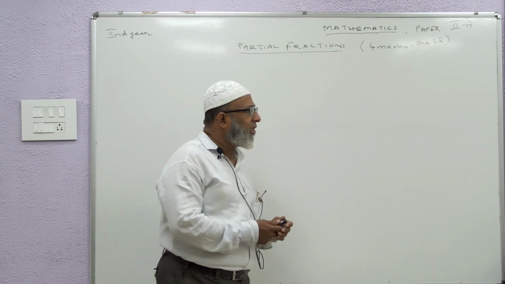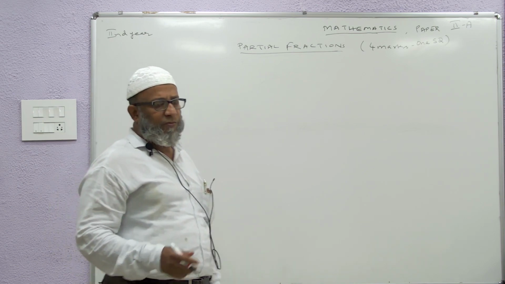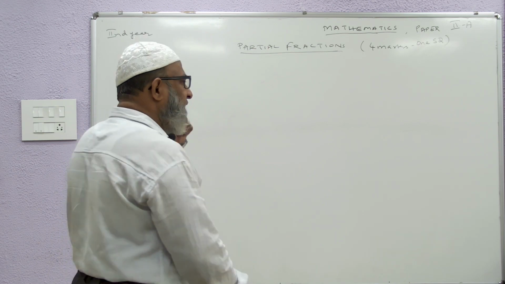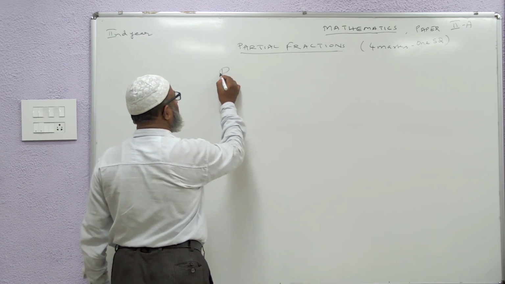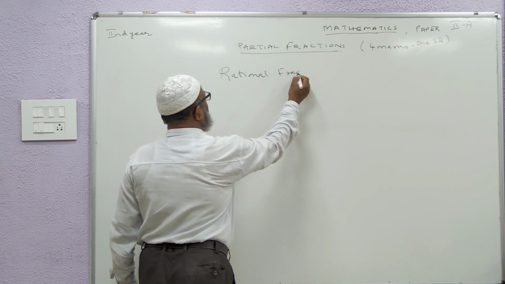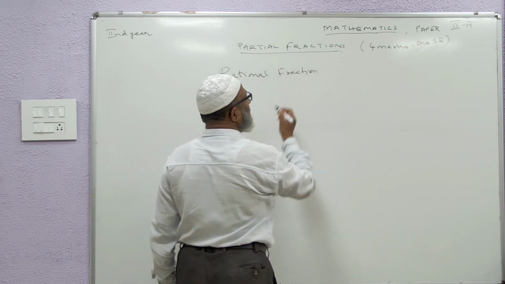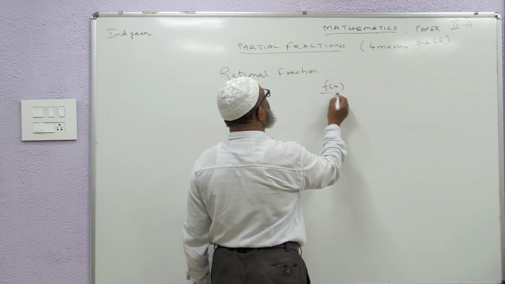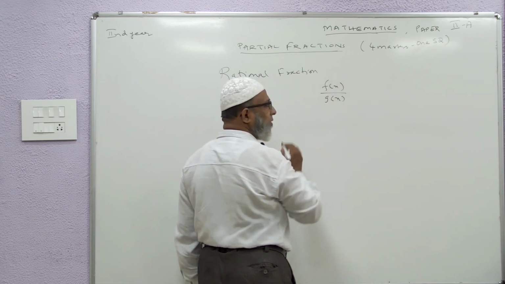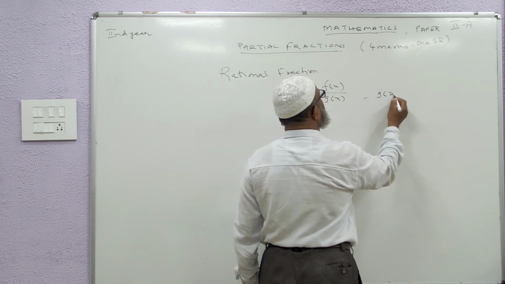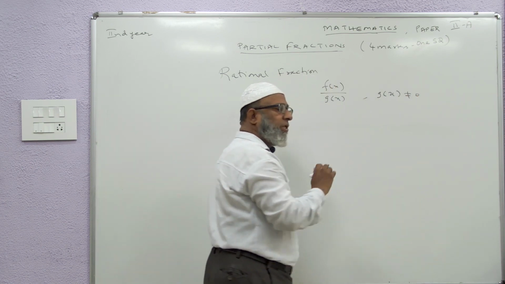Now before that, what is a fraction, or what is a rational fraction? A rational fraction is in the form f of x by g of x, where g of x is not equal to 0.